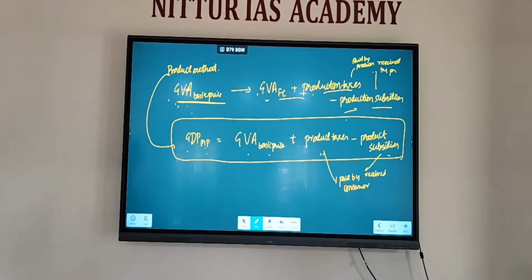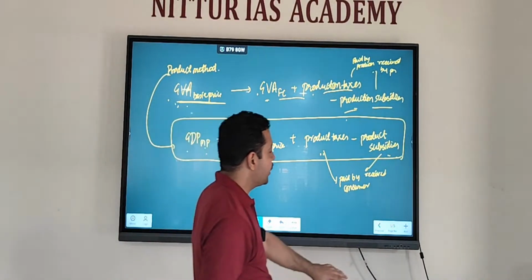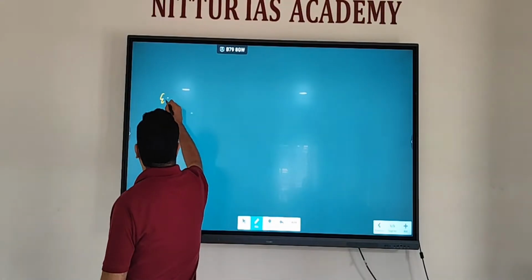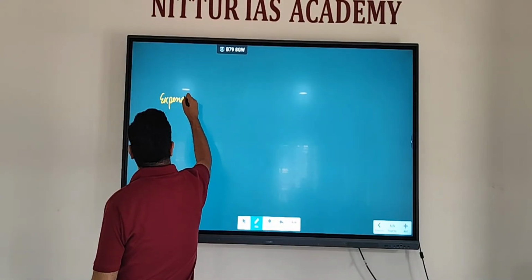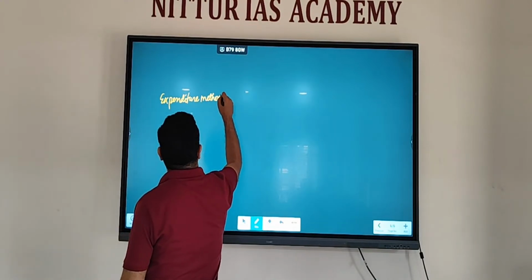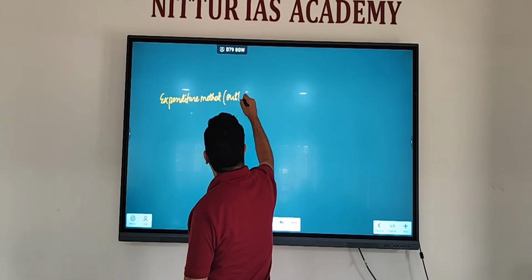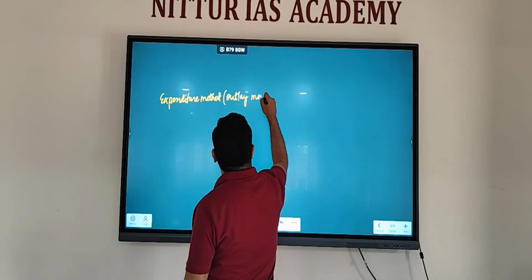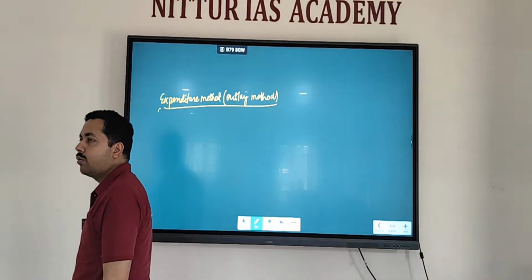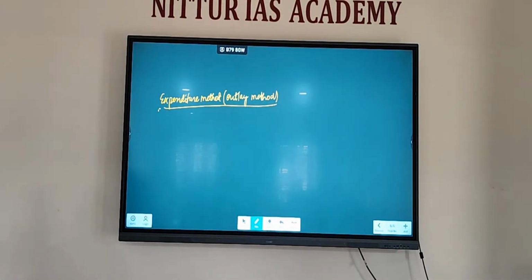The second method that we have is the expenditure method, also referred to as the outlay method. So the expenditure method is nothing but the outlay method. Clear? How are we measuring GDP over here?